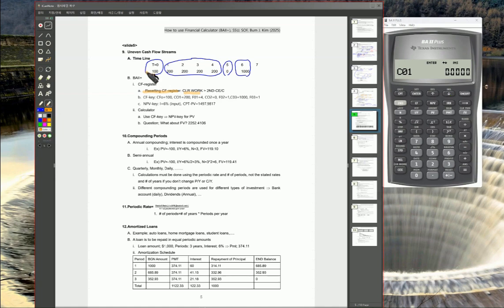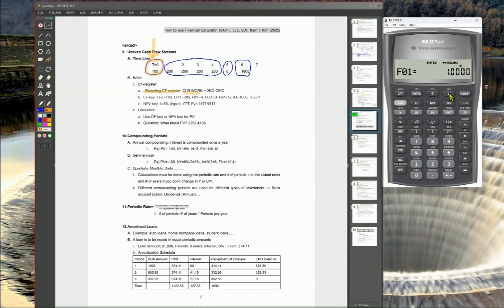Here, the first cash flow on the timeline is not 200, it must be 100, but this occurs at the present time. So you will enter it as CF0. This is the present time cash flow. If you move to C01, that's the cash flow in the future. So the first cash flow in the future should be 200. Enter and go down.